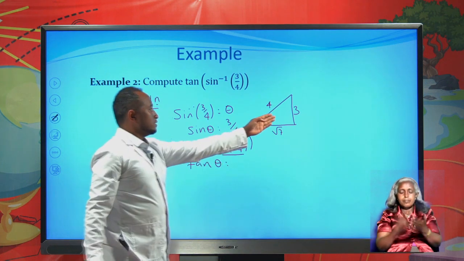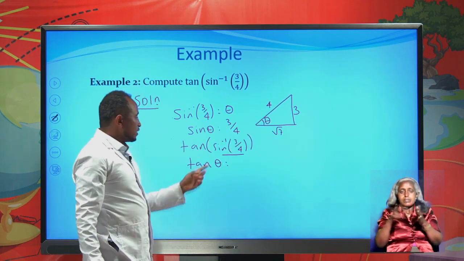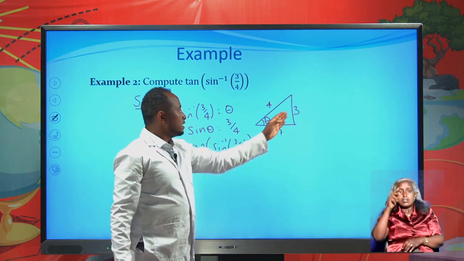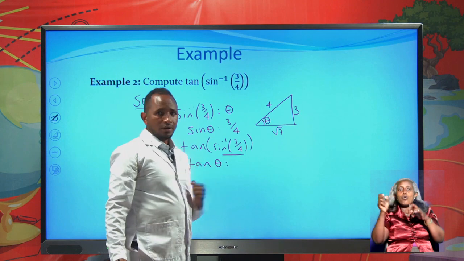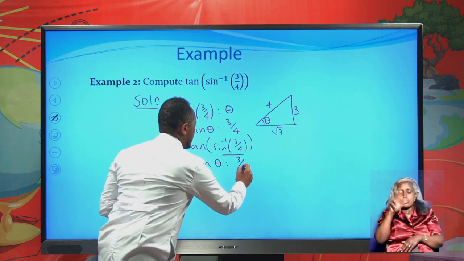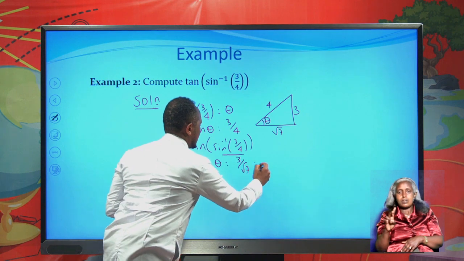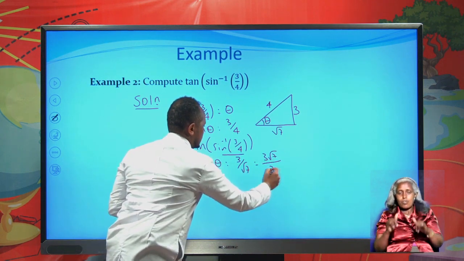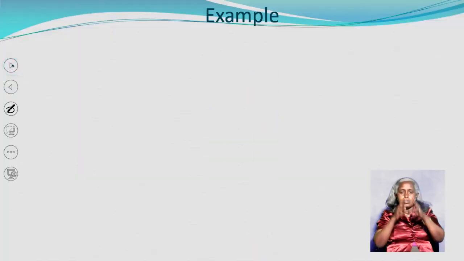We can use this reference triangle to evaluate tan theta. Tan theta is opposite over adjacent. So simply it is 3 over root 7. So the answer will be 3 over the square root of 7, or rationalizing this you get 3 root 7 over 7. So this will be the answer.